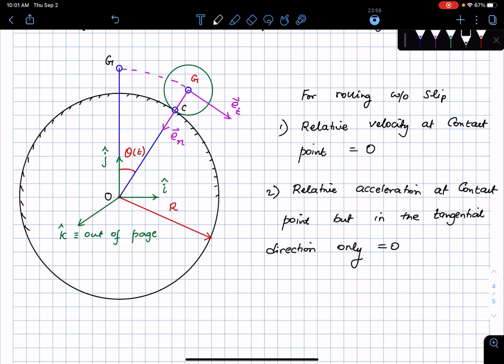If the entire acceleration vector is 0 and if the entire relative velocity vector is also 0, then it means that that point is a fixed point.